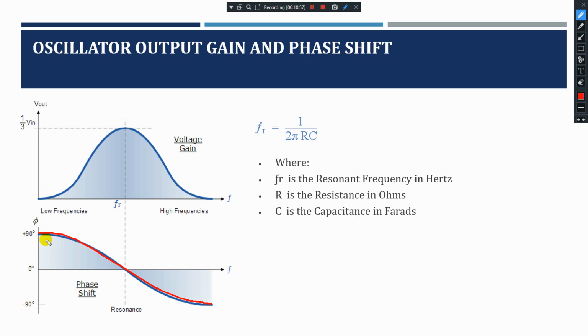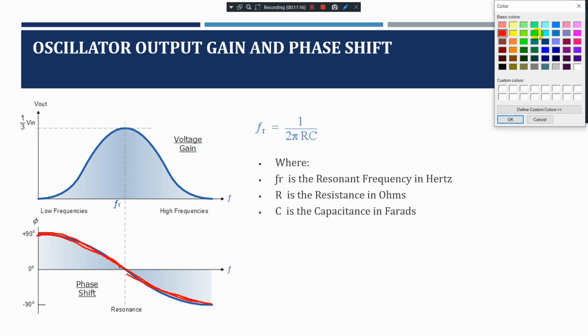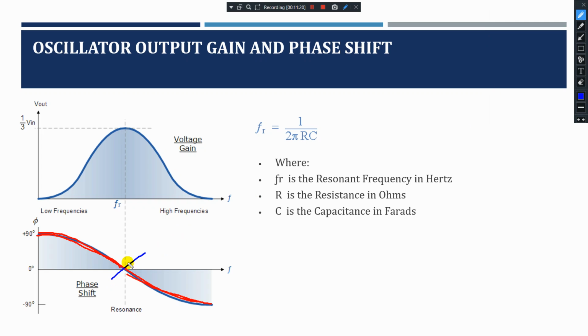At low frequencies, the phase angle between the input and output signal is positive. So as the frequency increases, the phase angle becomes negative. That's called phase delay. In the middle of these two points, the circuit is at its resonance.